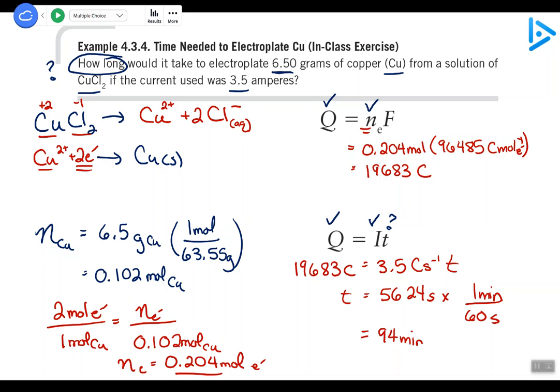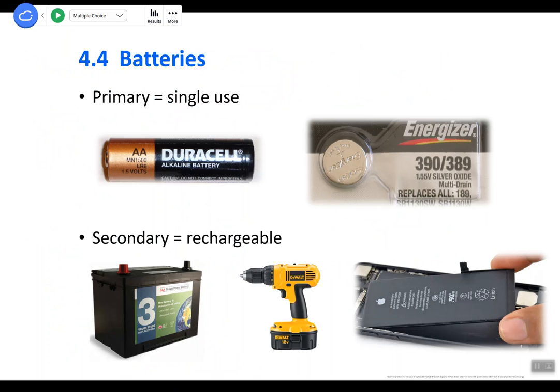So we've chatted about voltaic cells, spontaneous redox reactions that cause the flow of electrons. Electrolytic cells are when we don't have a spontaneous reaction, and we're going to apply voltage to make it happen. This brings us to batteries.